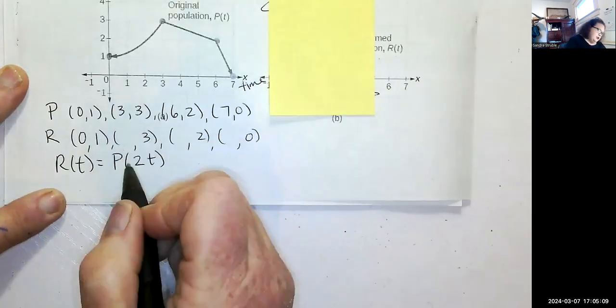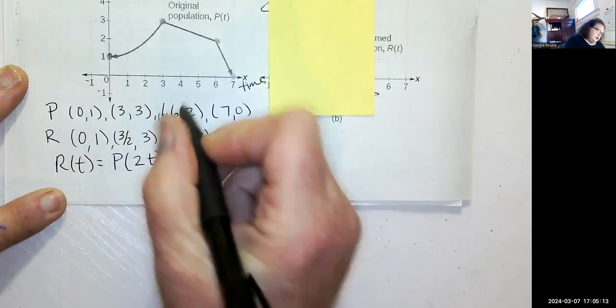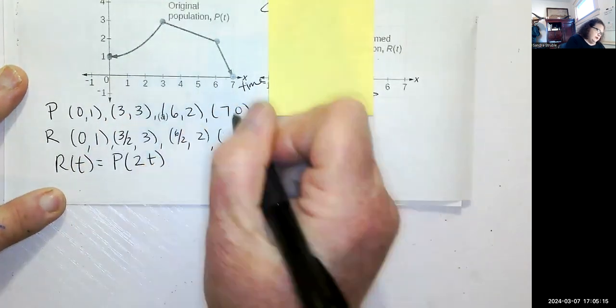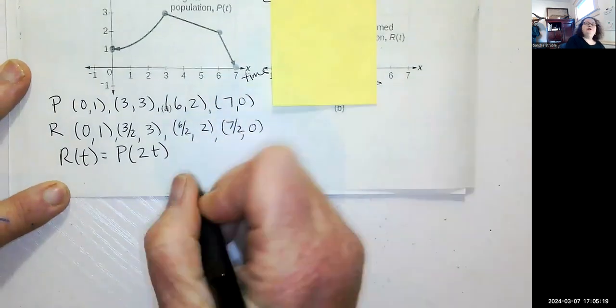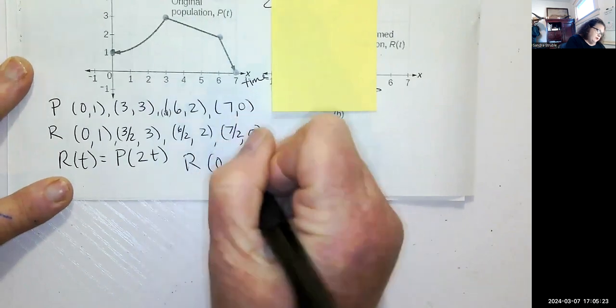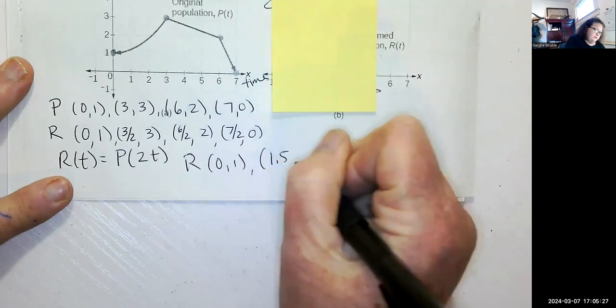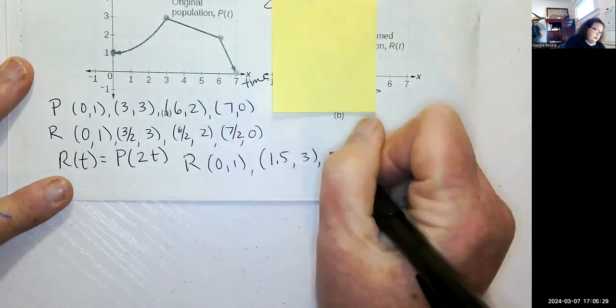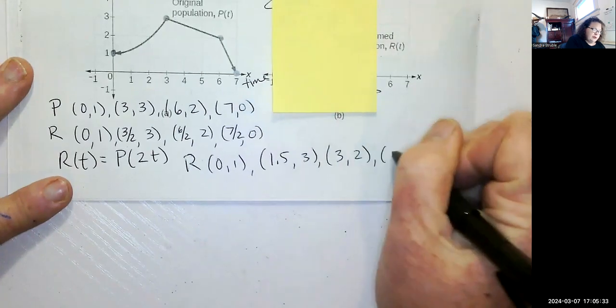So 3 divided by 2, 6 divided by 2, 7 divided by 2. And I'm just going to make those a little bit easier for us to graph. So the values are (0, 1), I'm going to make 3 halves 1.5, 6 divided by 2 is 3, and 7 divided by 2 is 3.5.